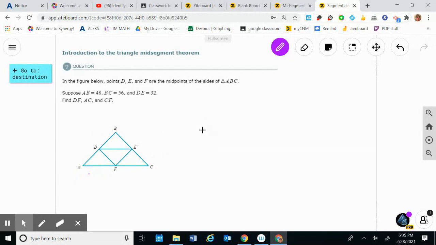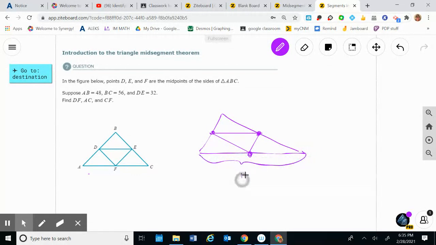This is a really pretty triangle. I just want to show you what it might look like if you had a weird looking triangle. Let's estimate. If this were the midpoint, and if I could fold my paper in half, maybe that's the midpoint, and maybe that's the midpoint. See? They end up being parallel. And if this were 100, this would be 50.